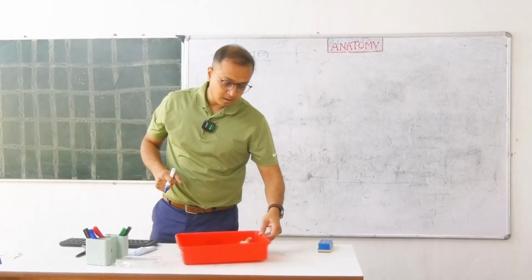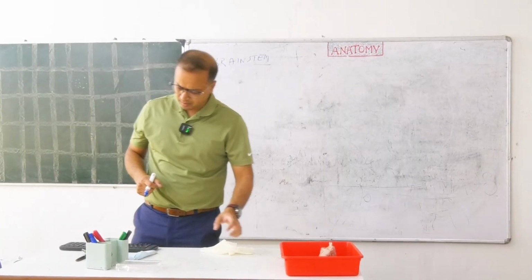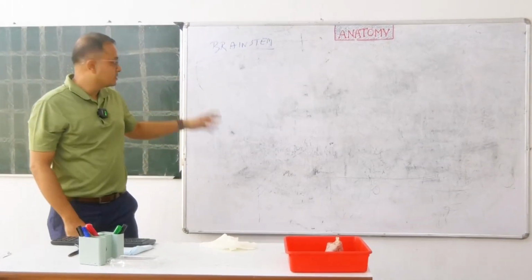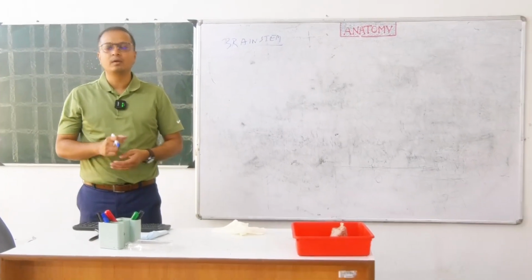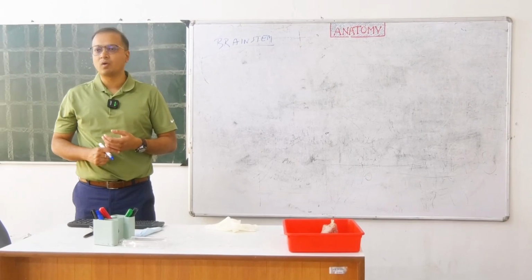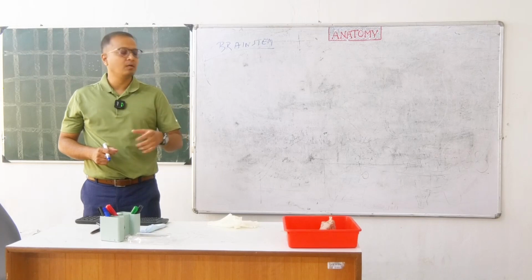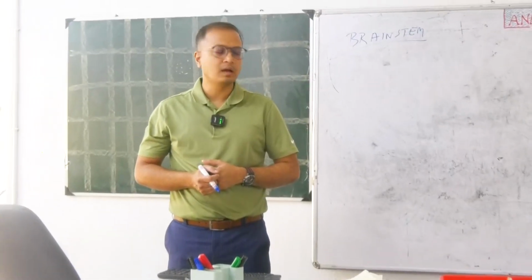Okay, regarding the contents of the head and neck, we covered some of the issues in the brain or neuroanatomy. This is one of the segments that we are going to cover today, which is a very small, gross, general topic. Later on we will learn the details in separate classes.